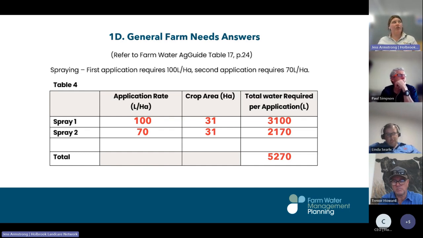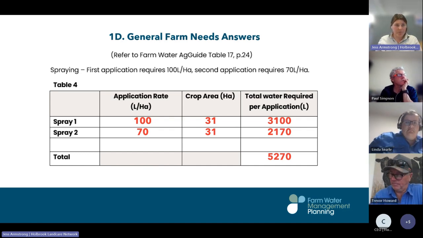So once again, we times that by our crop area, which is 31 hectares, and this gives us a total water required per application of 2,170 litres. So for our spray time over the summer period for our oat crop, we now know that at a minimum, we need to have 5,270 litres of water on hand to conduct that spraying.